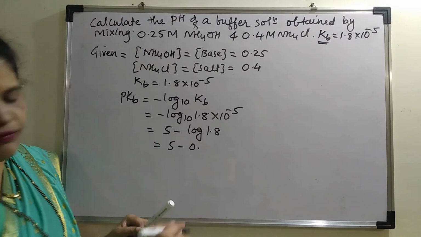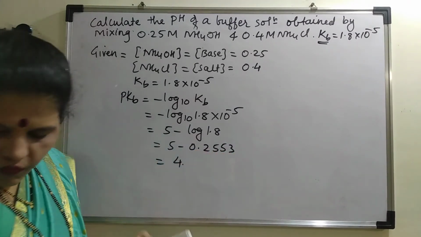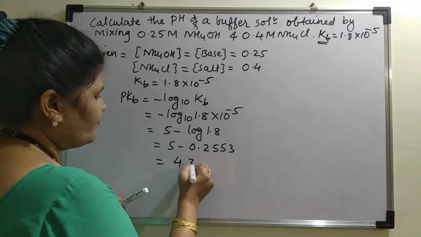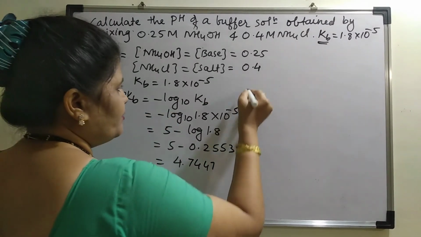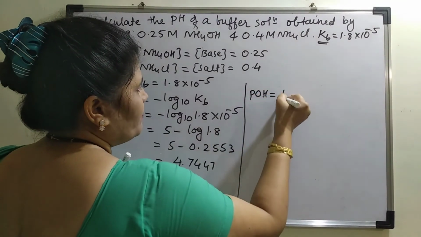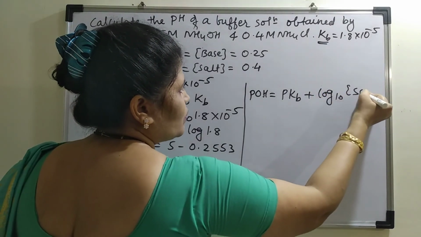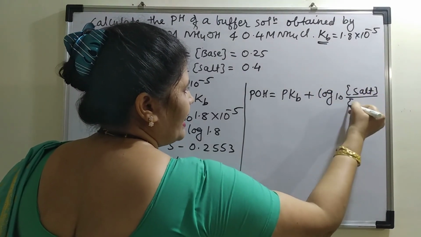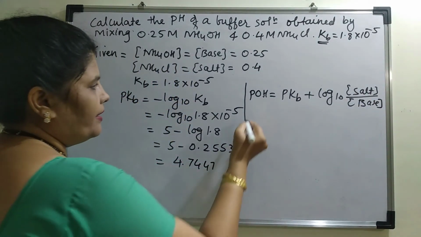It is 0.2553 and this will give you 4.7447. You got the pKb value. Now substitute that in the formula. So you will get pOH is equal to pKb plus log of active mass of the salt upon active mass of the base. Right, students, now continue.